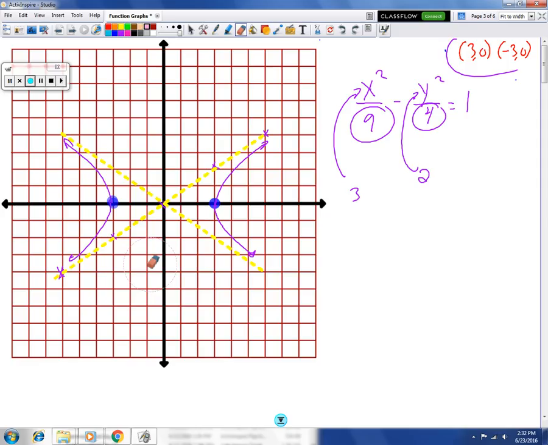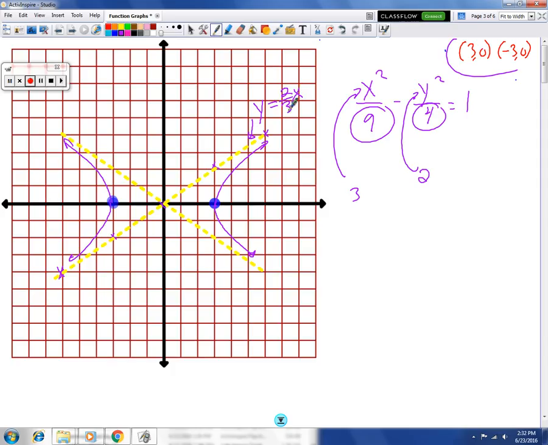The last thing, characteristic. Now we can actually write the slope of these, and sometimes you're going to be asked what the equation of this asymptote is. Well, we went up 2 and right 3. That means it has a slope of 2/3.